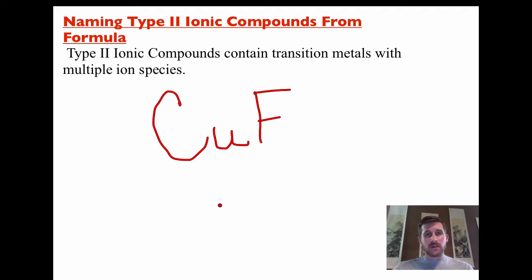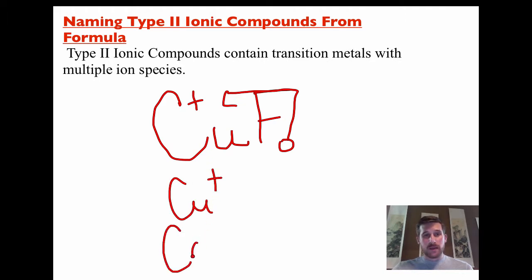Here's the formula, CuF, and I'm going to use the method that I used for type 1 to figure out the name this time, because I have to really figure out which copper I have. Do I have copper(I) or copper(II)? So I ask, what's my subscript here? Well, there's no number, so I know it's a 1. I lift and I switch, and this is going to be +1. So I know right now my flavor of copper is copper(I).